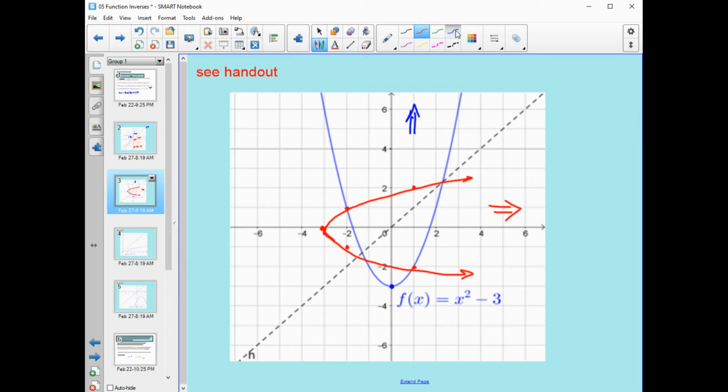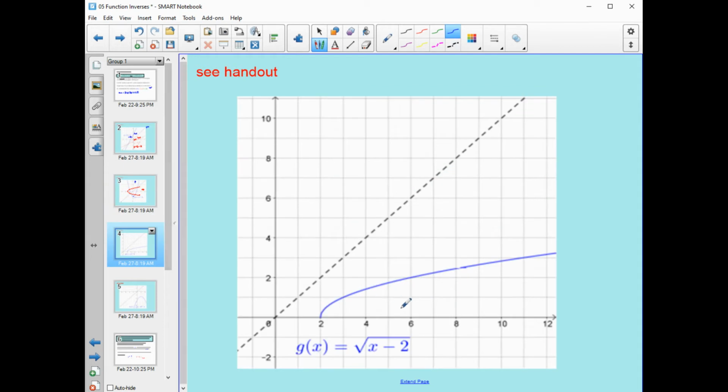Now let's continue with that general shape. My next example is the radical function. In this case, I have a radical function that's just been shifted over a little bit, but it's the square root of x minus 2. That looks very much like that inverse that we just found. This is like a parabola lying on its side. But notice I only have half of the parabola, the top half, and this is a function.